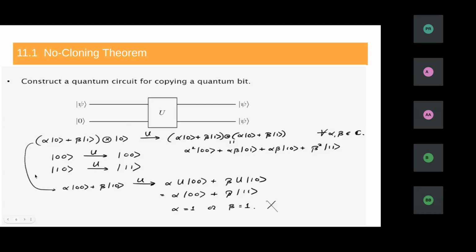Let's say we have ket 0 0 and ket 1 0, and a unitary matrix exists, which is, let's say, a C-NOT gate. Then 0 0 transforms to 0 0, and 1 0 becomes 1 1 because there is a bit flip.